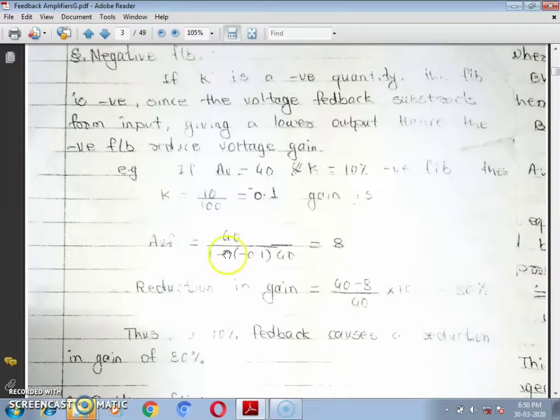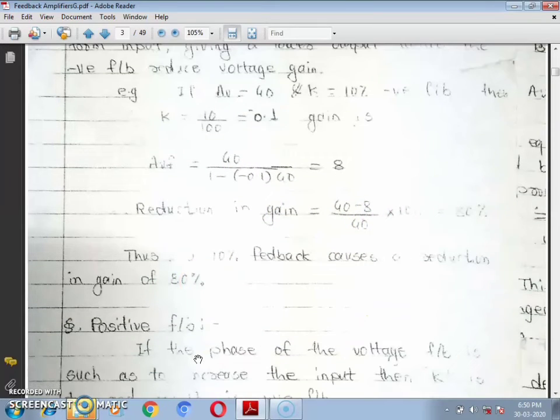So with negative feedback, the gain is reduced. In this case, the reduction in gain is 80%, found by 40 minus 8 divided by 40 into 100%. So finally we can say with negative feedback, the voltage gain reduces.